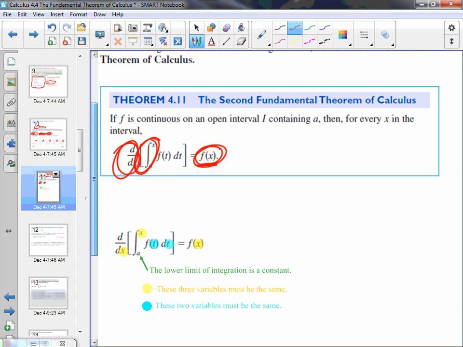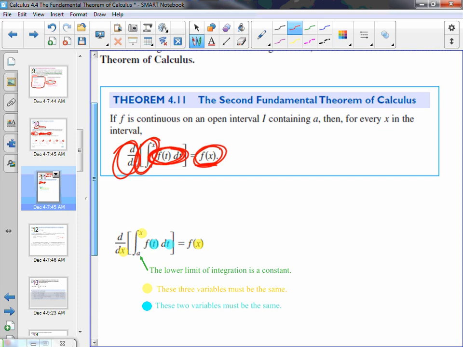It's just like if you multiply by 5 and then divide by 5, don't you get your original number back? Because multiplying by 5 and dividing by 5 are inverse operations. So if you take an integral, then you take its derivative, you ought to get the function back. The integrand is whatever you're taking the integral of.